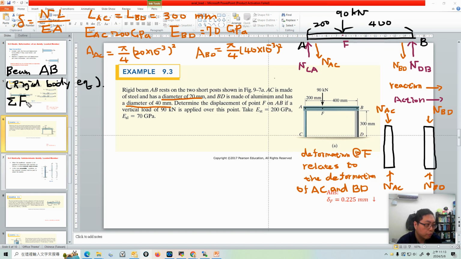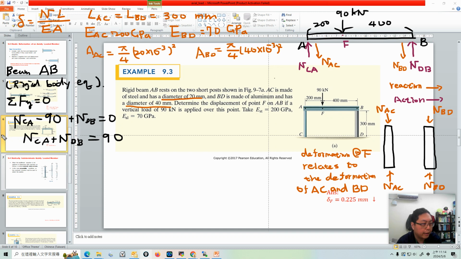So summation Fy equals 0, and we consider N_CA and N_DB, because these are two forces acting on the beam AB. We have N_CA pointing up, 90 kilonewton pointing down, and N_DB pointing up, equal to 0. So N_CA plus N_DB is equal to 90. Right now we still cannot solve the equation.